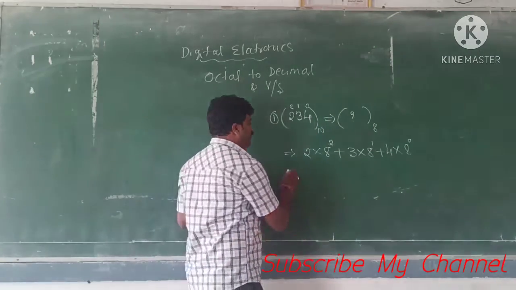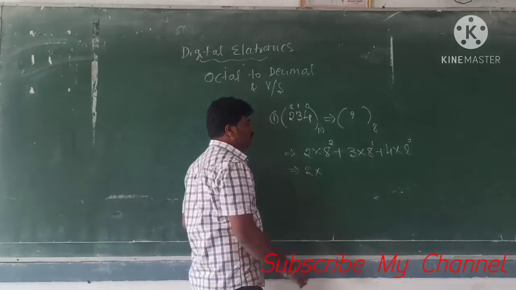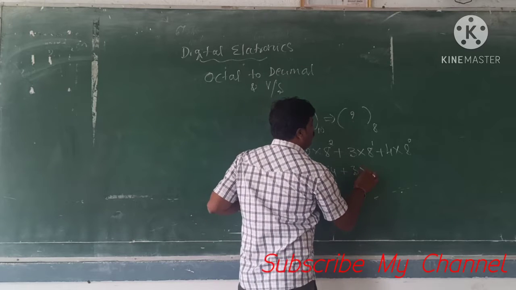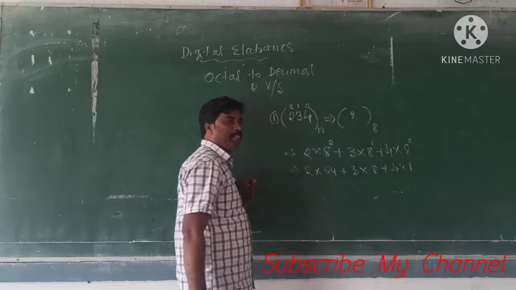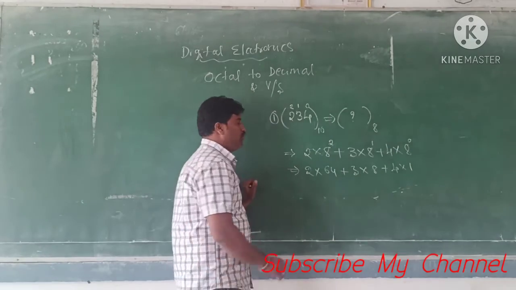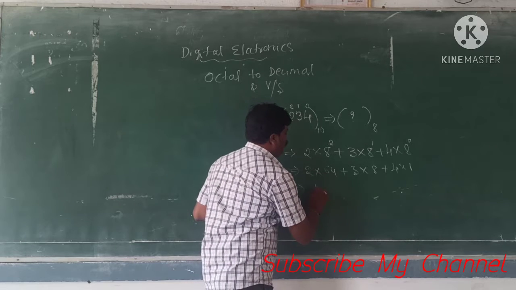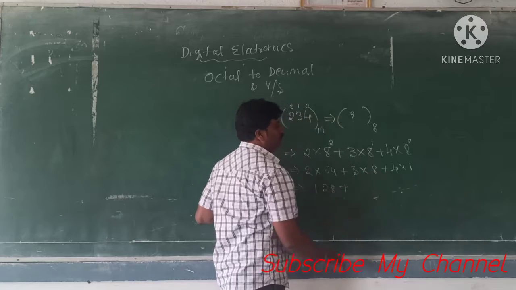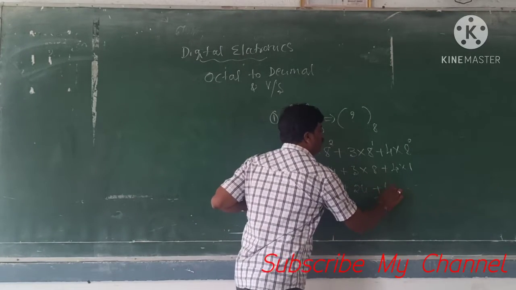Now we multiply: 2 into 8 raised to 2 means 64, plus 3 into 8, plus 4 into 1. Now 2 into 64 is 128, plus 3 into 8 is 24, plus 4.